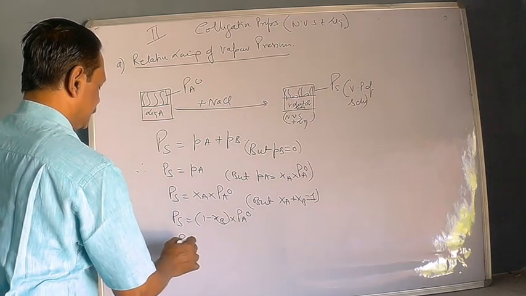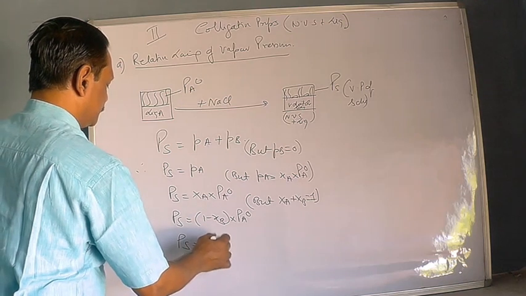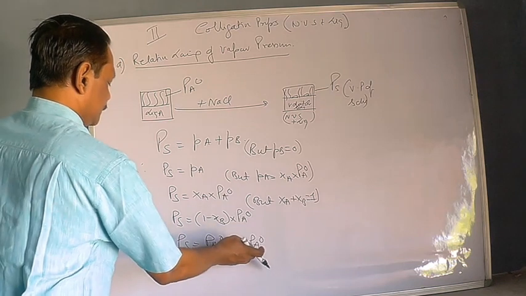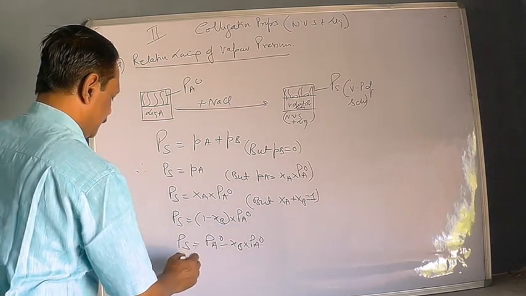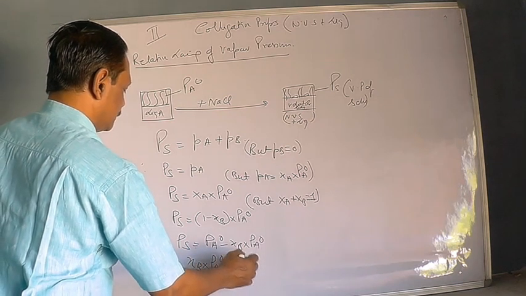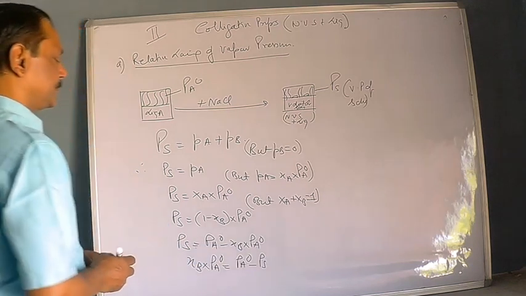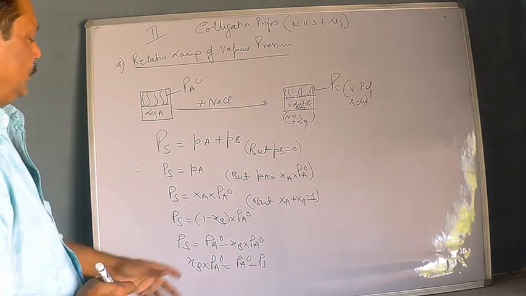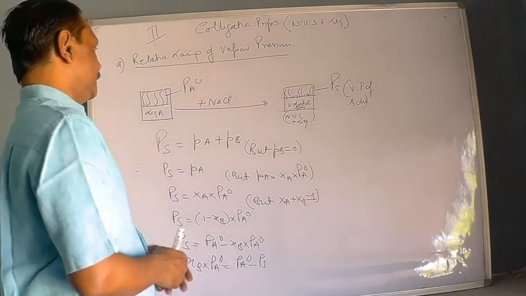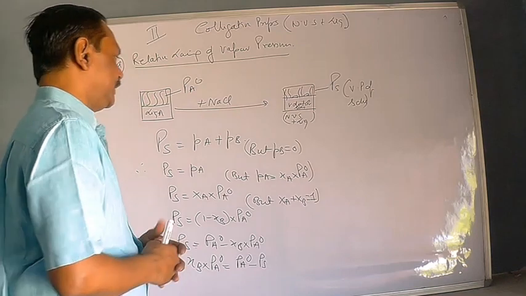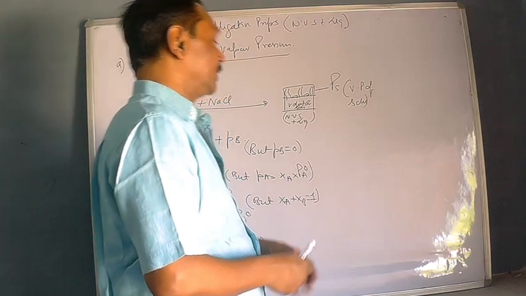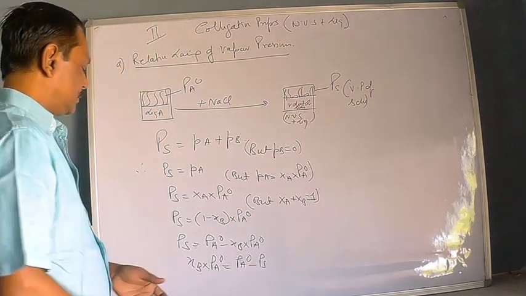Let us open it. PS equals PA0 minus XB into PA0. Let us take this term here and PS there. So we get XB into PA0 equals PA0 minus PS. A very, very important expression here. Class, again let us come over here. Remember, as we add a non-volatile solute to any given liquid, the vapor pressure of the solution decreases, but we studied this theoretically. Now consider this expression here.